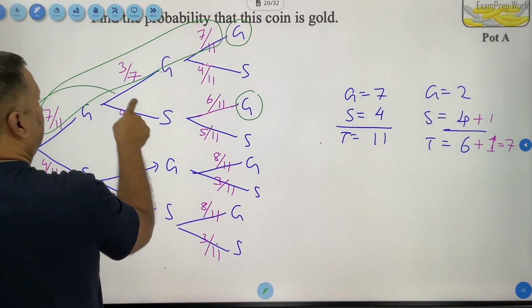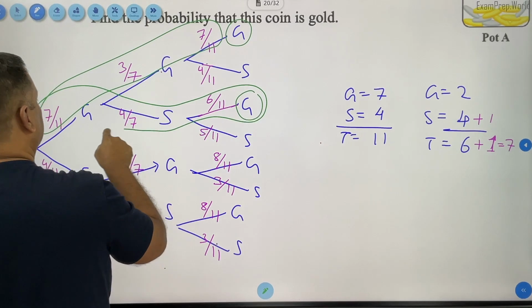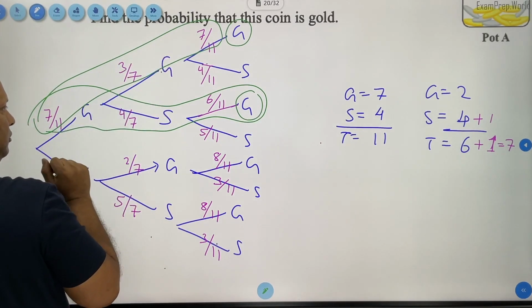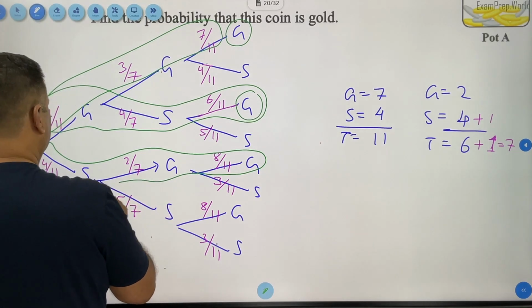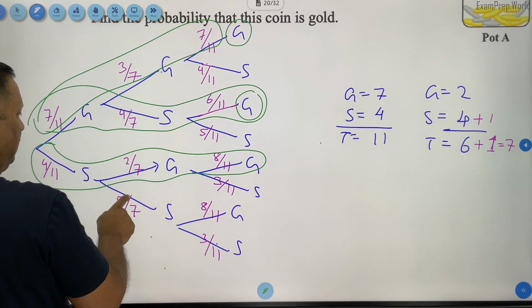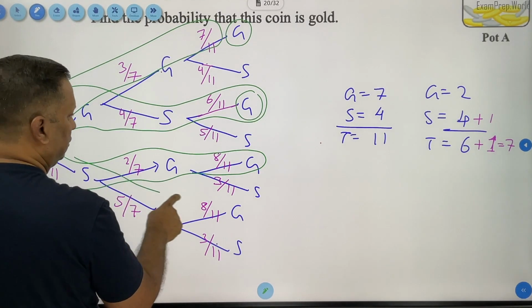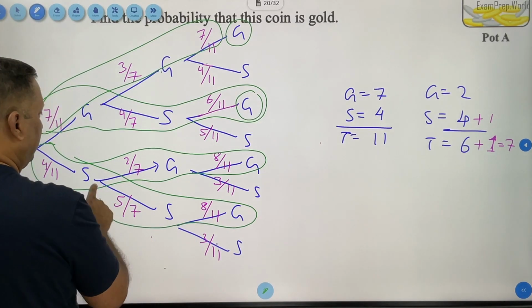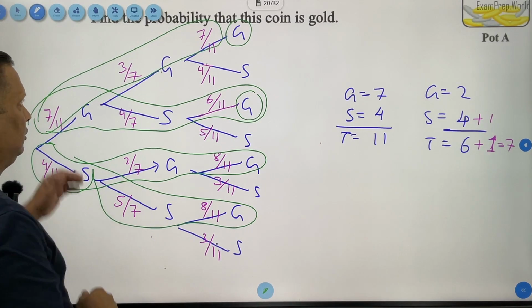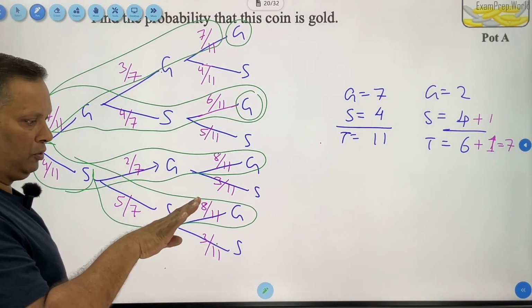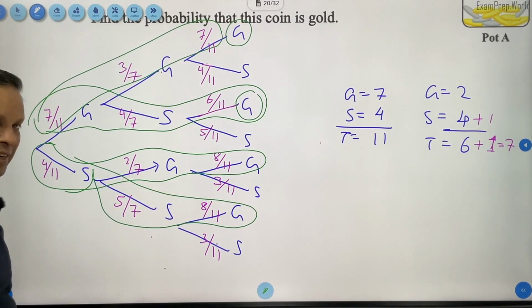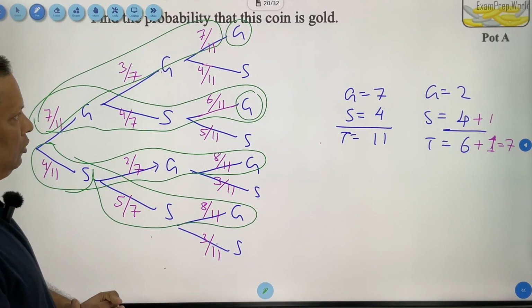So you will calculate this probability. You will add them. Then you are getting 1 more gold. You will calculate this, and 1 more. There are 4 routes where you will get gold at the end. 1, 2, 3, 4. Looks like fingers of a human, right? 4 fingers. Thumb should be here. So now our job is to total them.